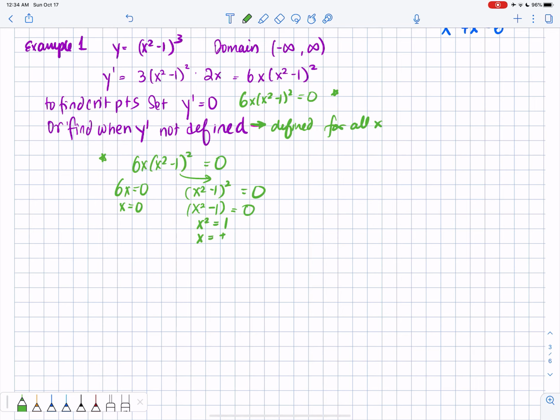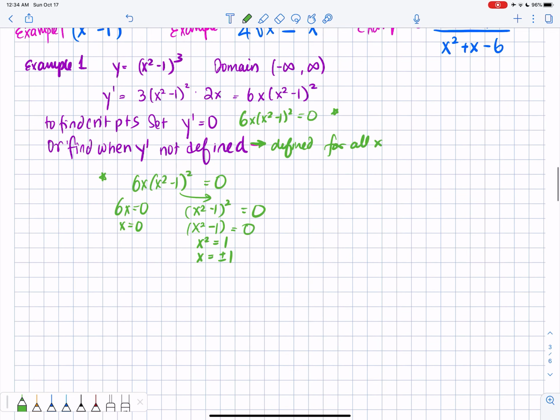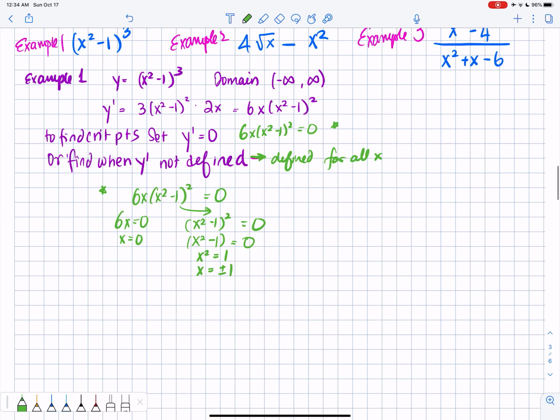So x is plus or minus 1. Okay, well, let's just check. X equals 0, the function's defined. X equals plus or minus 1, the function's defined. So in this case, putting all this together, the critical points are x equals negative 1, 0, and 1. Okay?